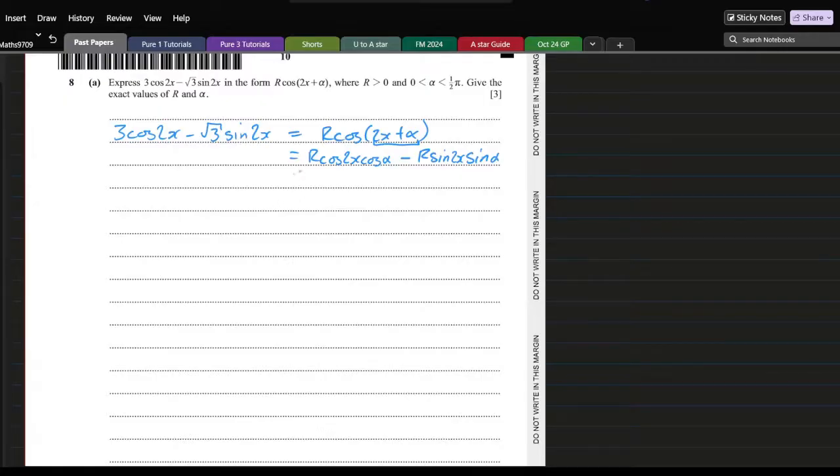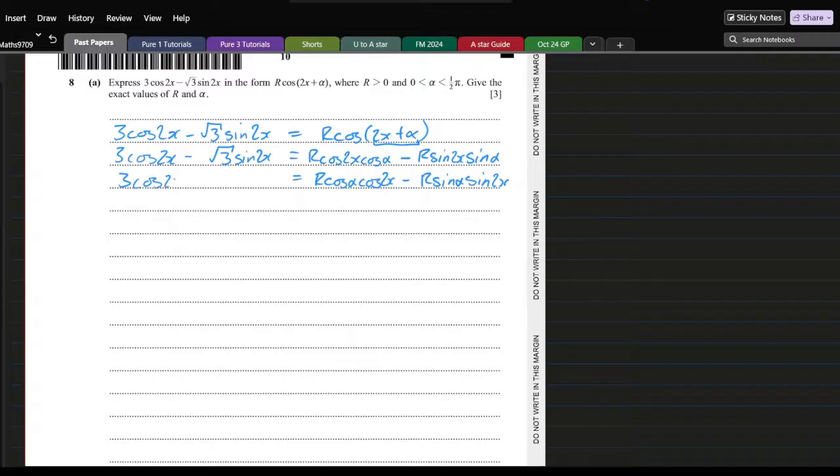And I'm just going to rewrite this so that we've got our cos alpha coming first: r cos alpha cos 2x minus r sine alpha sine 2x, and we're saying that this is always equal to 3 cos 2x minus root 3 sine 2x. I want to make a comparison here, right?